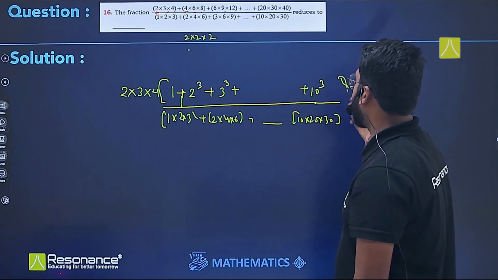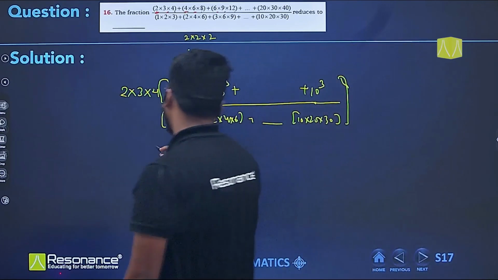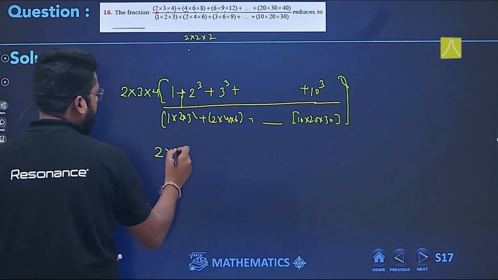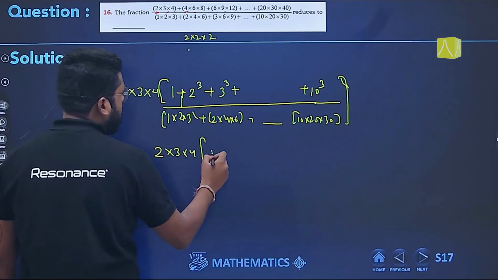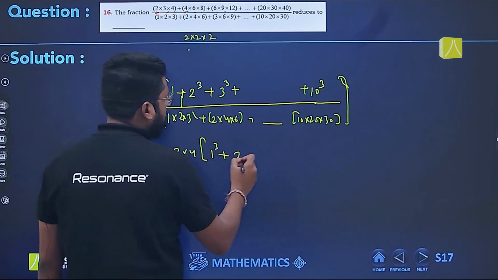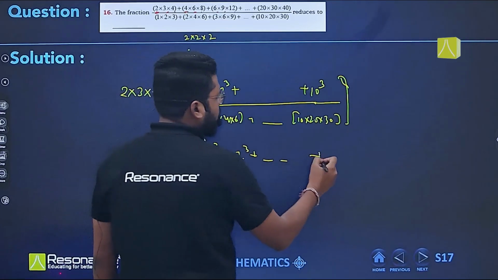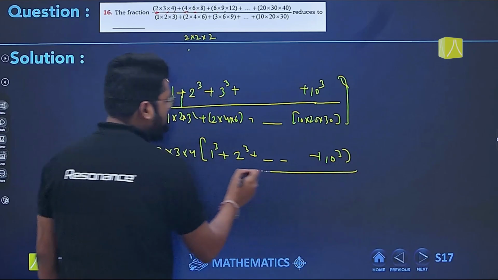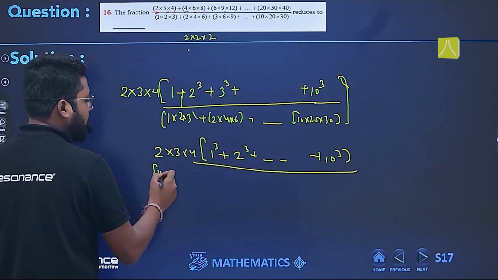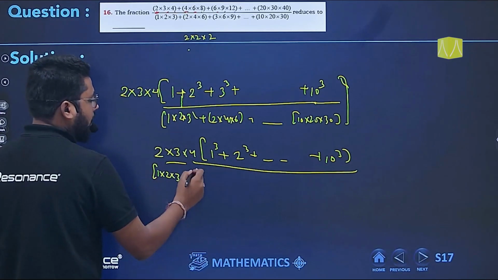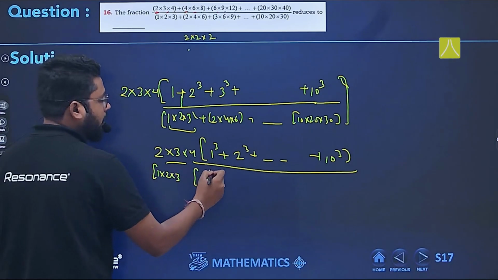Same for the denominator part. If you take 1 into 2 into 3 common, again it is 1, I can write as 1 cube.